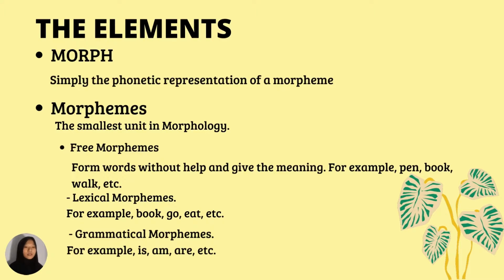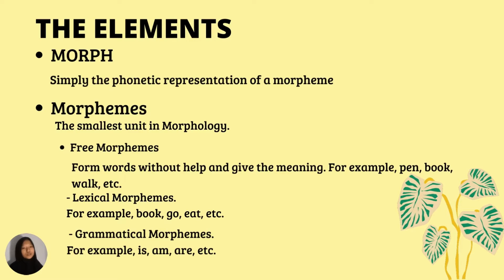In free morphemes, there are two types. They are lexical morphemes and grammatical morphemes. Lexical morphemes are words that exist in the dictionary, or we can say the words that have meaning by themselves.